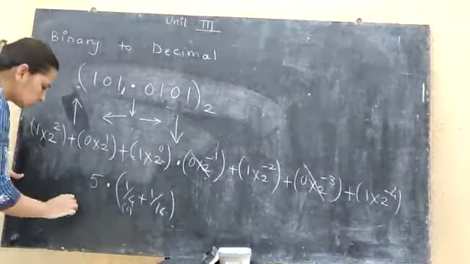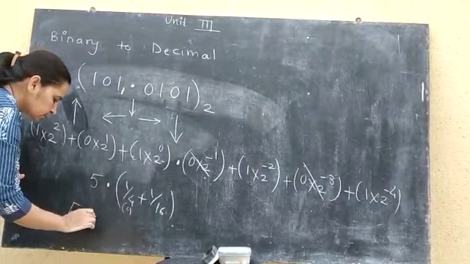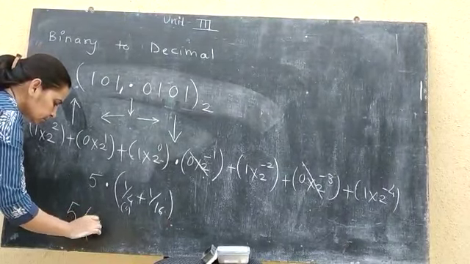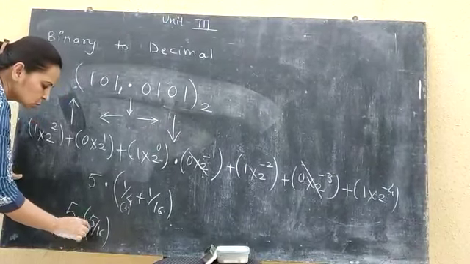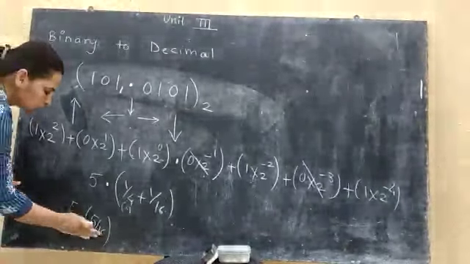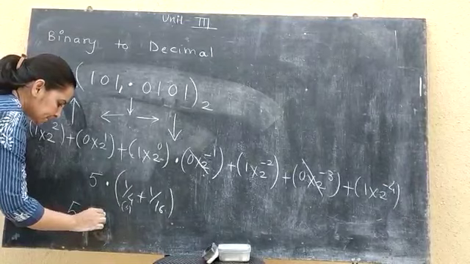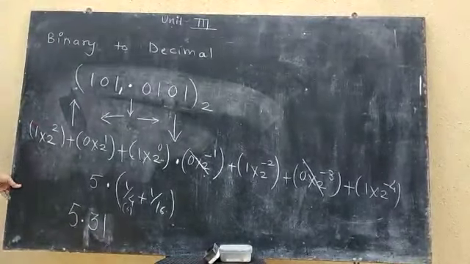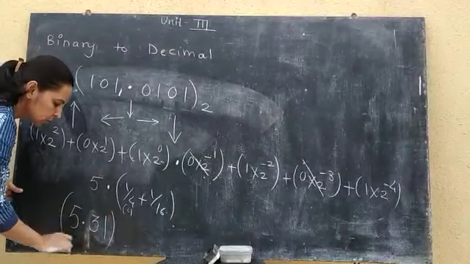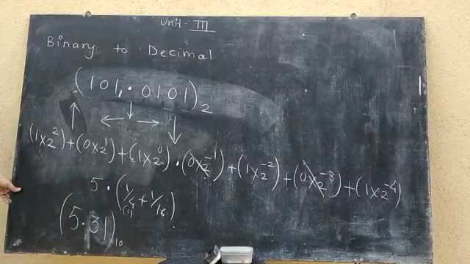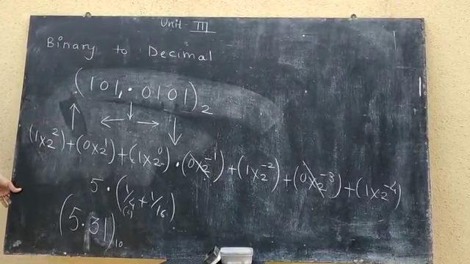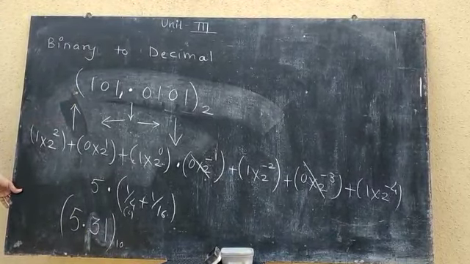So whatever comes, you can do this. So 0.31 approximately it will come. So it is 5.31 in decimal. Right? Is it clear?